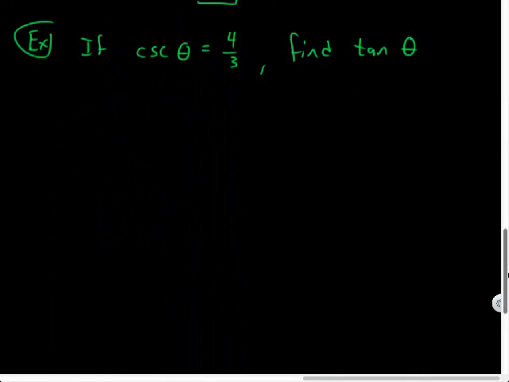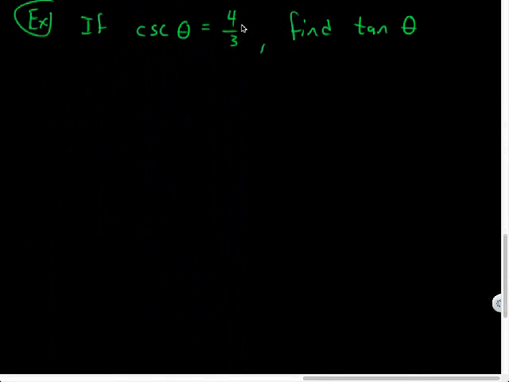So check this out for this problem. Here we are. There's 2 ways we could do this. We could use a Pythag. All right, what Pythag relates cosecant? I have 1 plus cotan squared theta is equal to cosecant squared theta.